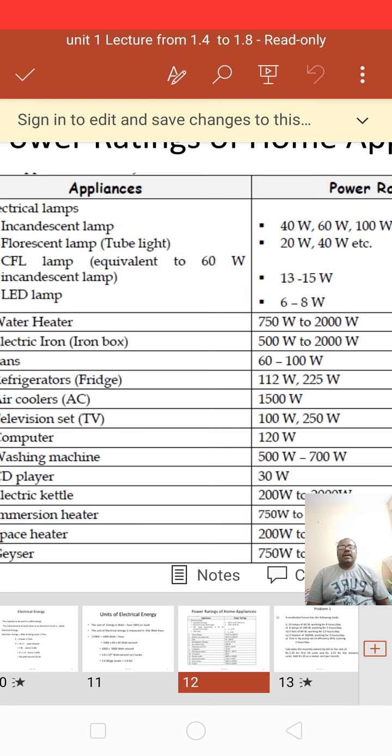Next, for ironing of clothes, the electric iron or iron box, the power rating is 500 watts to 2000 watts according to our requirement, that is for woolen, cotton and for silk. For all mix we take different wattages, so its range is from 500 to 2000 watts with respect to a range converter.